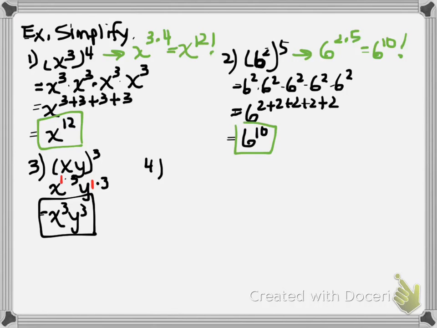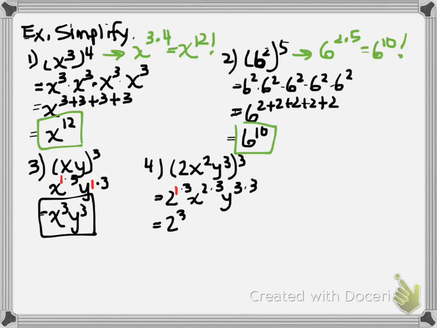And if I have the monomial 2x squared y cubed, and I want to cube it, we're going to cube the 2, the coefficient. Now remember, it does have an exponent of 1 if you don't see it. We're going to cube it, and then x squared cubed and y cubed cubed.